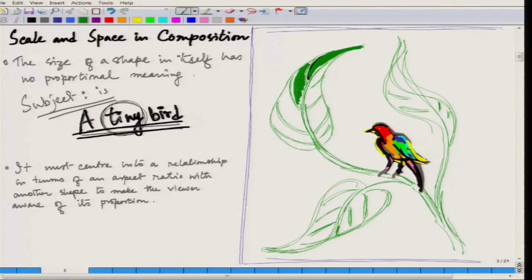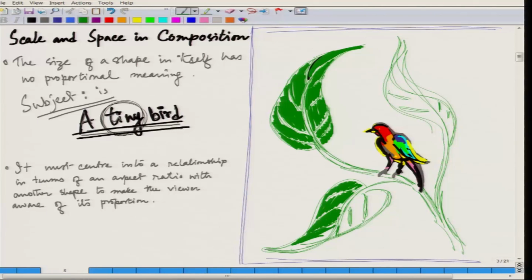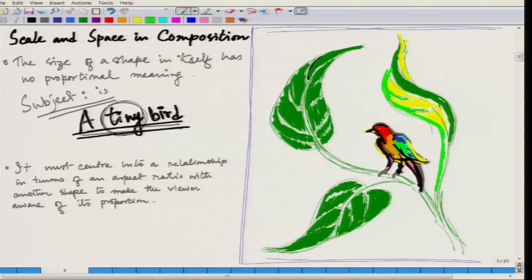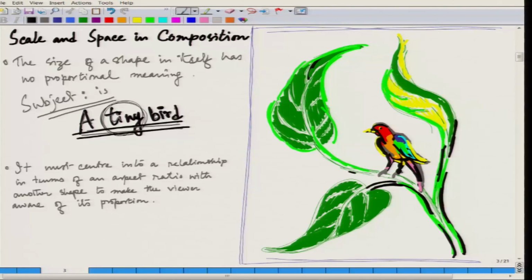So, if the bird is as big as a leaf, so with this the bird will really become smaller as compared to its context, as compared to the ratio of its surrounding things, that also has some natural reference.